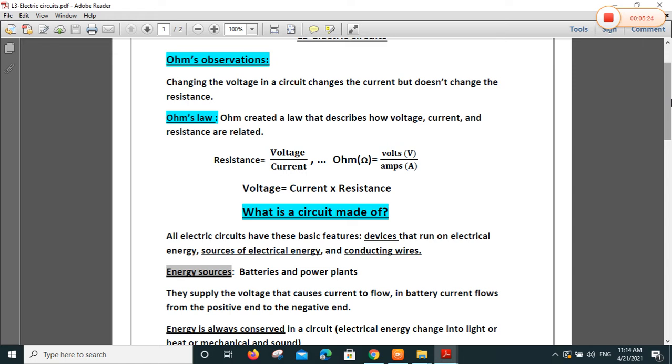Energy source: batteries or a power plant that supplies the building. They supply the voltage. The energy source supplies the voltage that causes current to flow. In a battery, current flows from positive to negative.